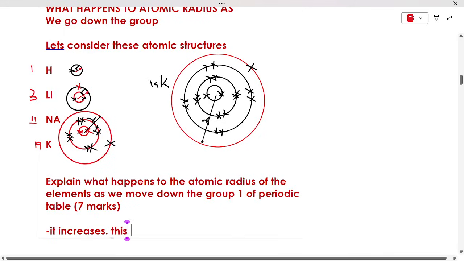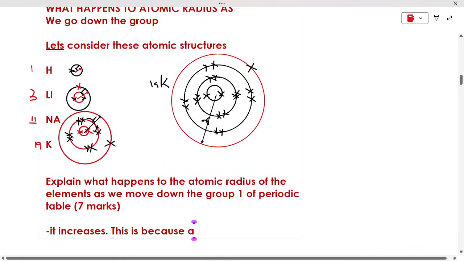Okay? So this is because of what? As we go down, the number of what? Number of electrons, right? Electrons, or protons, or atomic number.